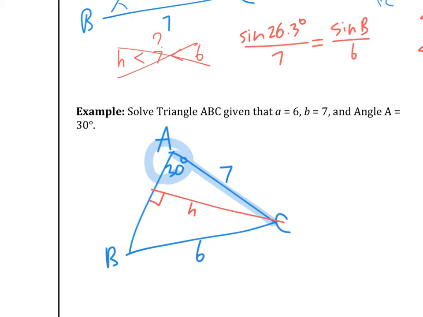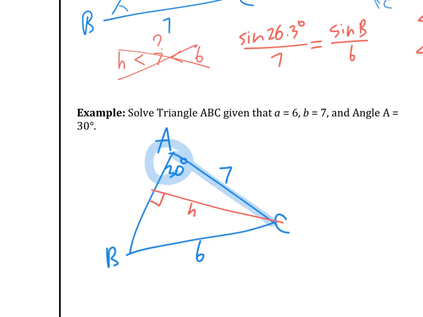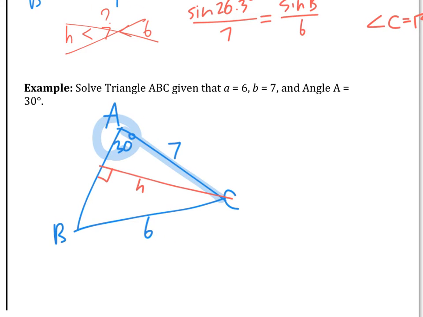So the question is, how do I find the altitude, or how do I find h? I'm going to have to utilize this right triangle. We have one angle, and that's 30. I don't know this side. I know 7. And that forms a right triangle.